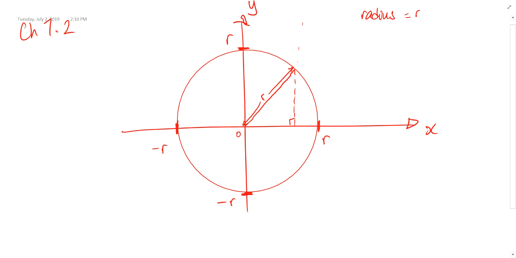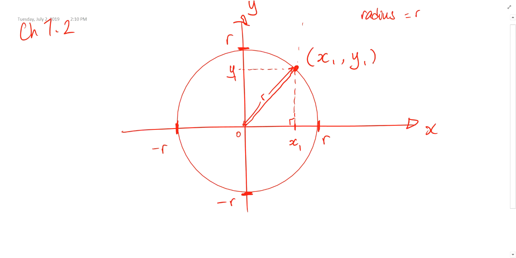For this right angle triangle, if I call this point x1, you're okay with this point being x1? Should be familiar, right? We've done coordinate geometry already. If this point is x1, what do you think is a very creative way to call this value? Y1, yes. So this coordinate over here must be x1, y1, right?